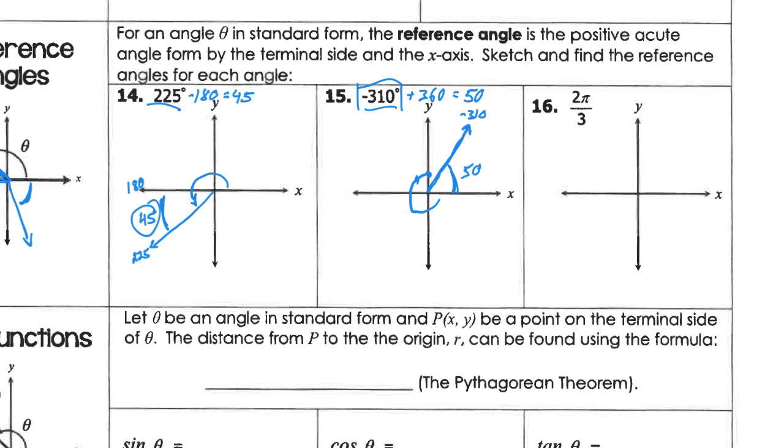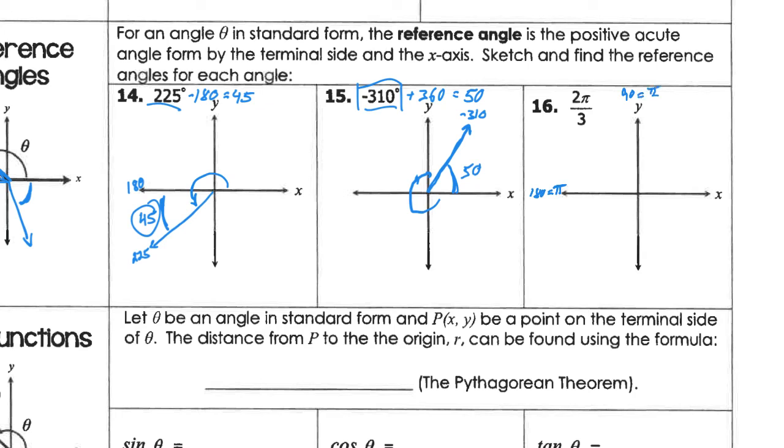So if we're looking in radians, it's the same idea as degrees. You want to figure out how far around the circle you're going. So 2/3 pi. 90 degrees would be straight up, and 180 would be straight across, straight left. And remember, 180 is equal to pi. So 90 is half of 180.